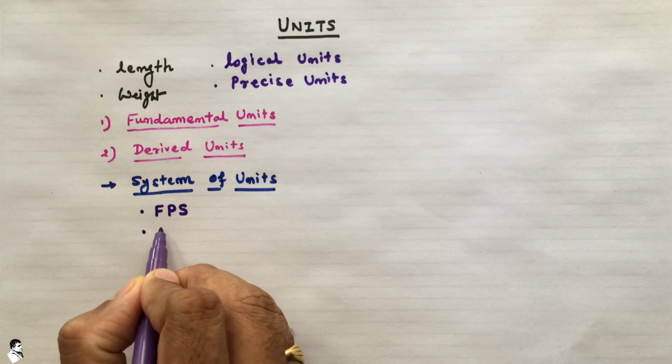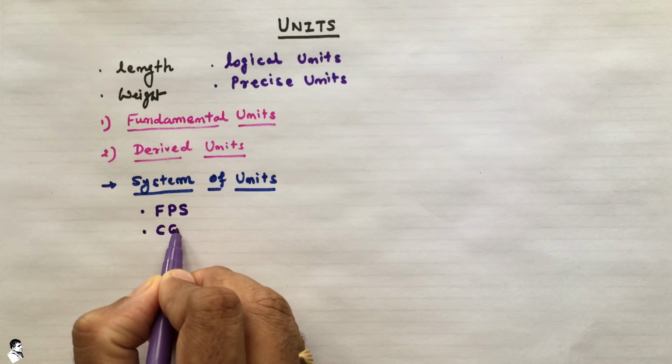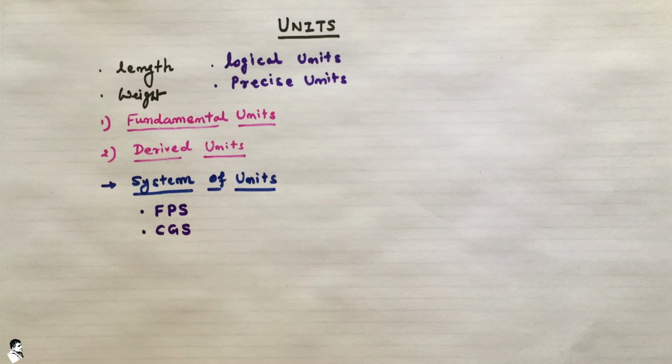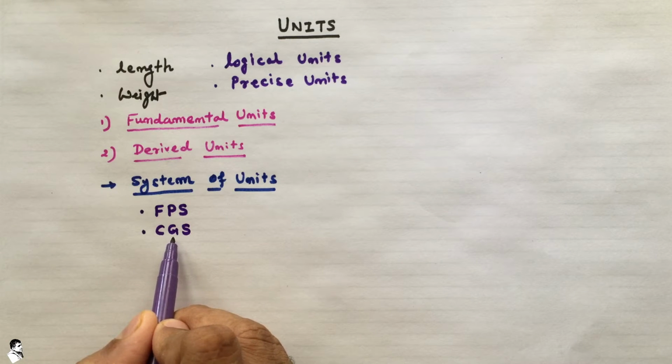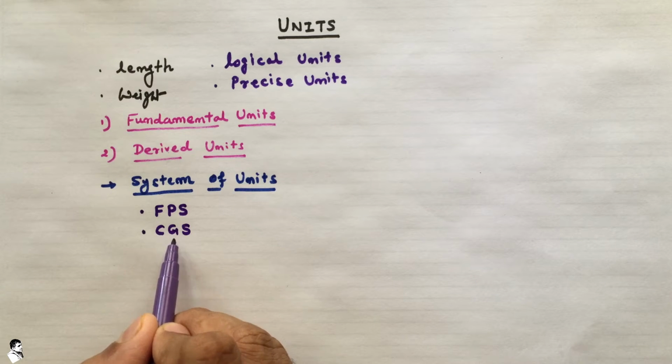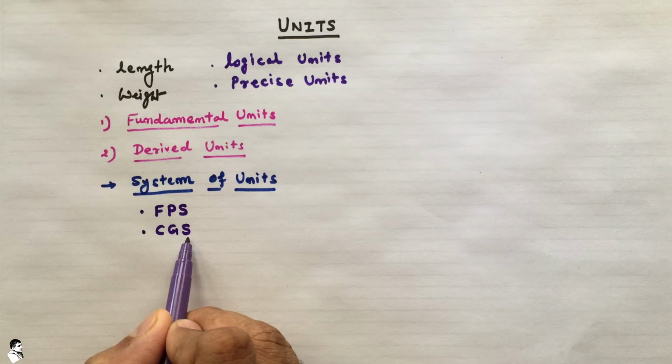Furthermore, after that a CGS system is used. In this system the fundamental unit of length is centimeter, of mass is gram and of time is second.